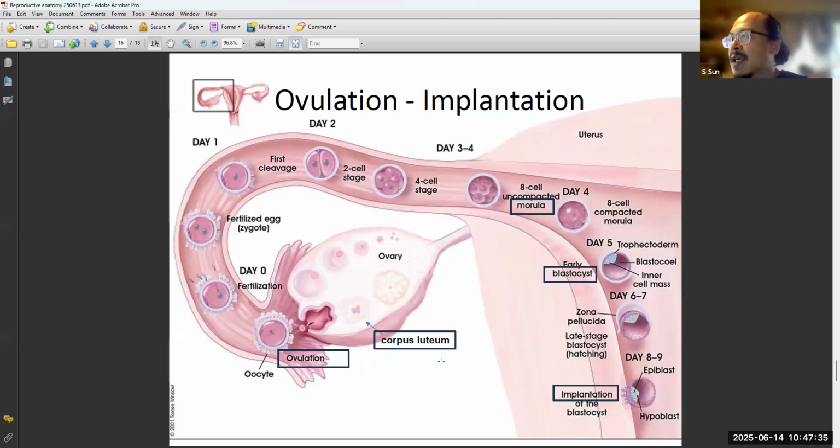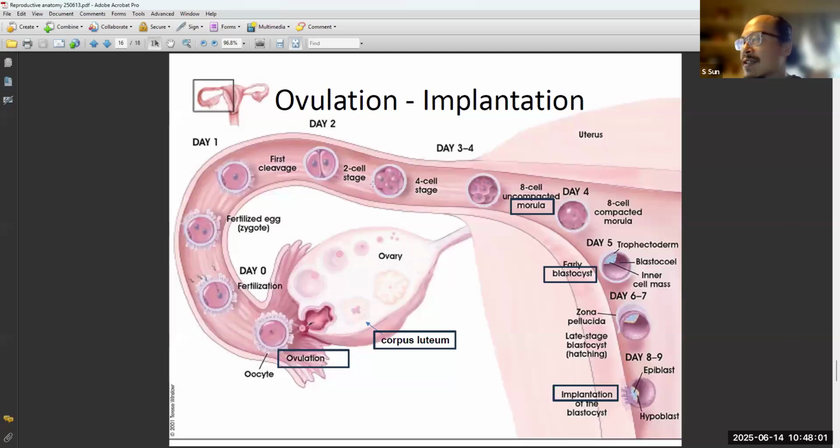Here, let me give you some terminology. Here you have the corpus luteum. We know that already. After the fertilization, cells start to divide. It takes about a week to less than 10 days for the implantation. If about 10 days pass without implantation, you start to see menstruation.